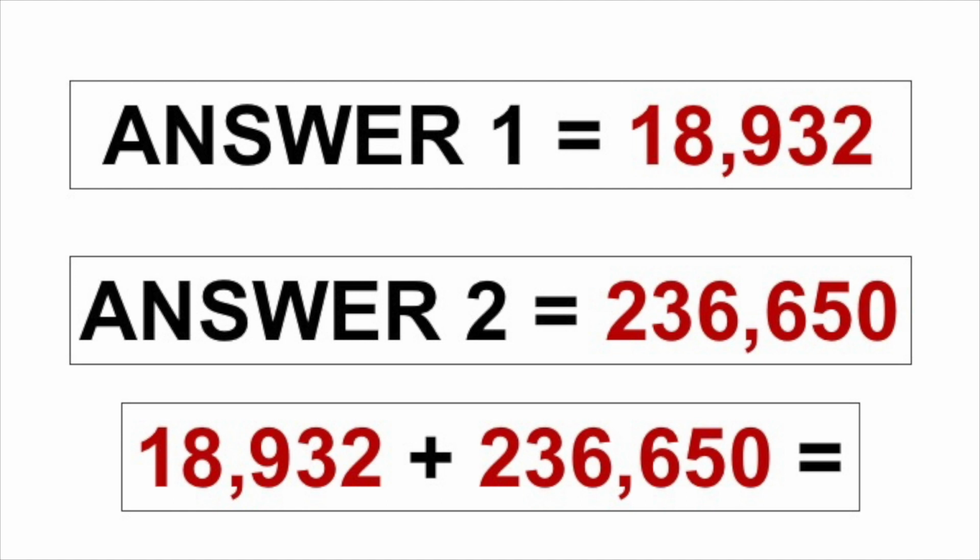Let's see if you can work it out. 18,932 plus 236,650. 255,582. Are you sure? Yes. Are you really sure? Yes. Let's have a look.